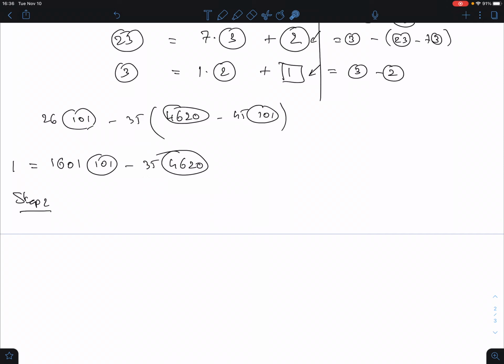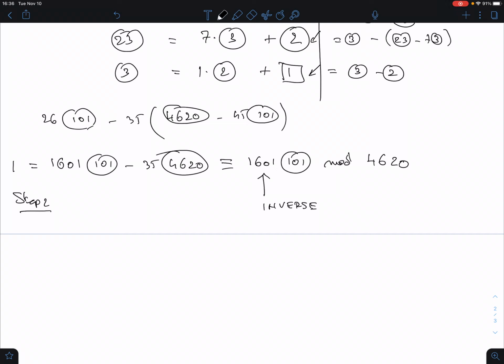And you see, it's a real multiple. Huh? It's juicy, meaty multiple here, but we can ignore it. So if we do this mod 4620, only the first one remains. So this is our inverse of 101.